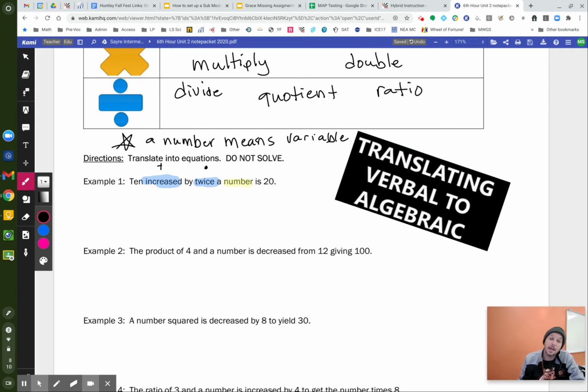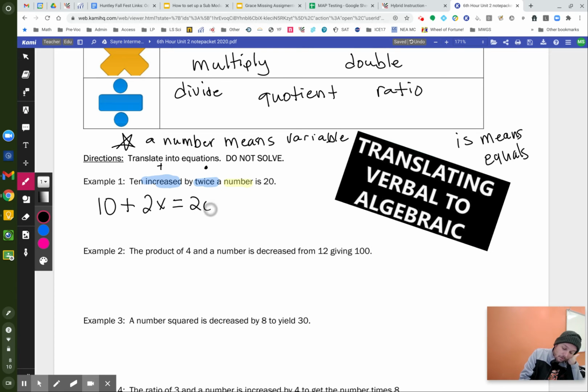So it says 10 increased by, which is add, plus twice, 2 times a number. And we said above that a number was a variable, so x. And the word is, we didn't talk about this up in the notes, but you should write this: is means equals. Okay? Is 20. So there you go.